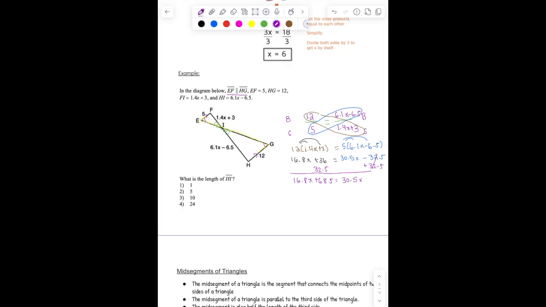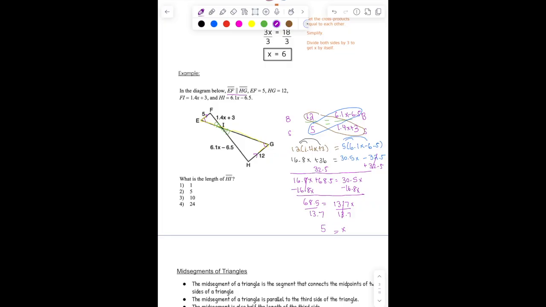And then I'm going to subtract 16.8x from both sides. 30.5 minus 16.8 is 13.7. And then finally, to get x by itself, I'm going to divide both sides by 13.7. 68.5 divided by 13.7 is 5. The x value is 5.